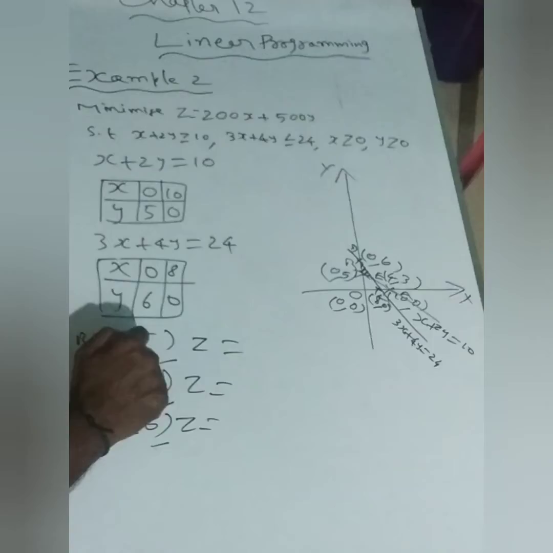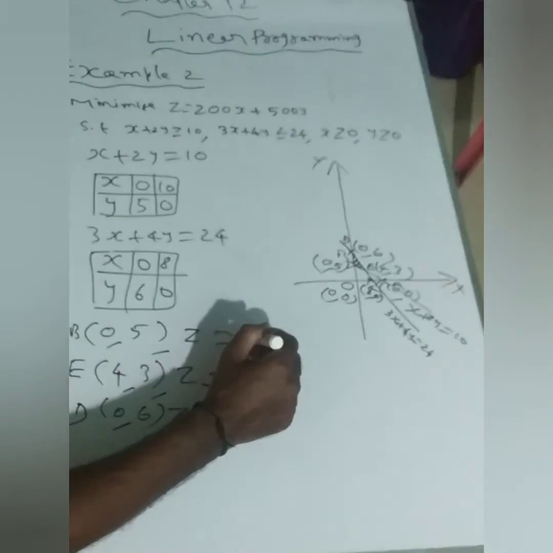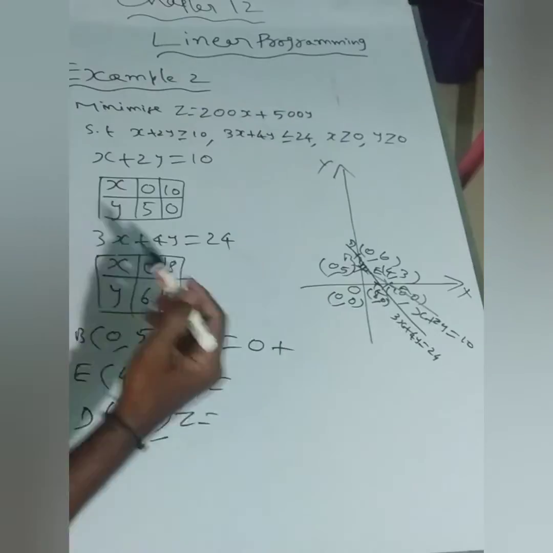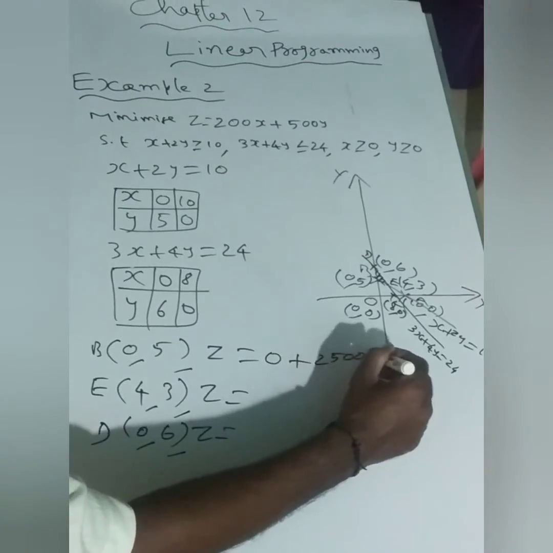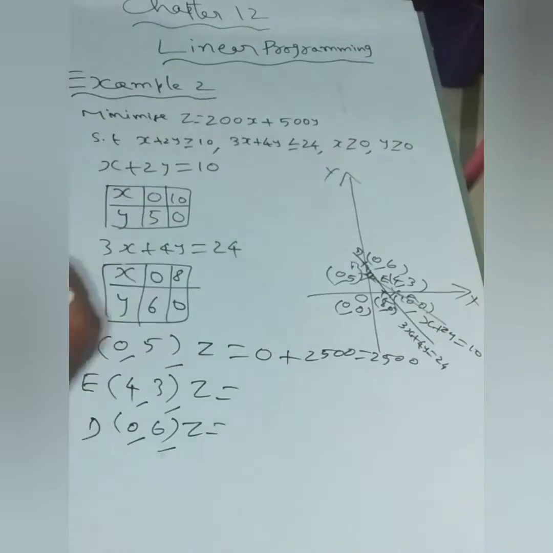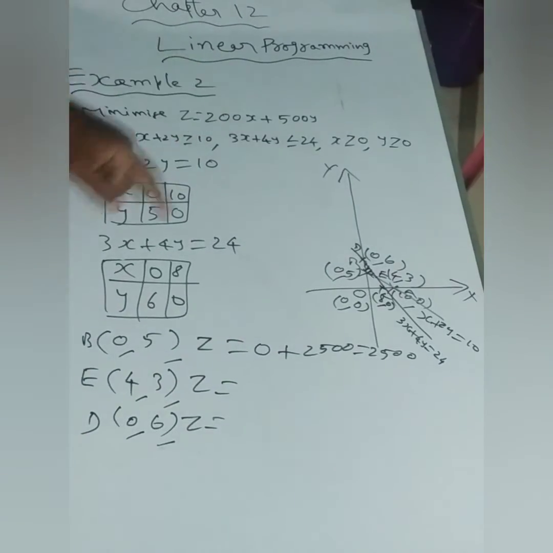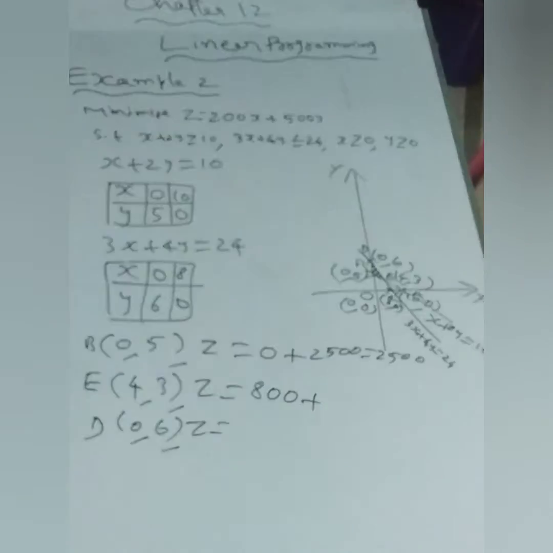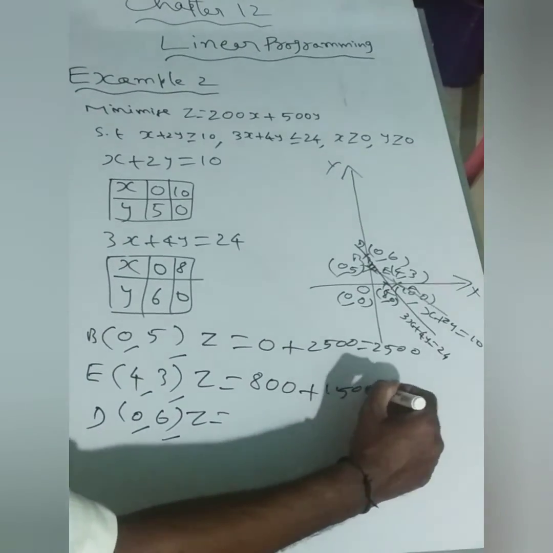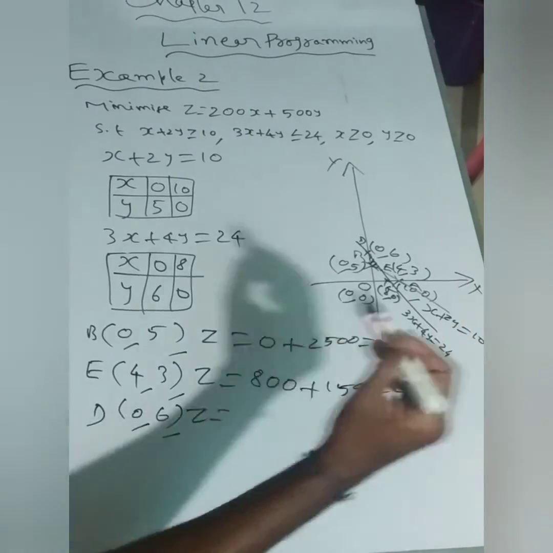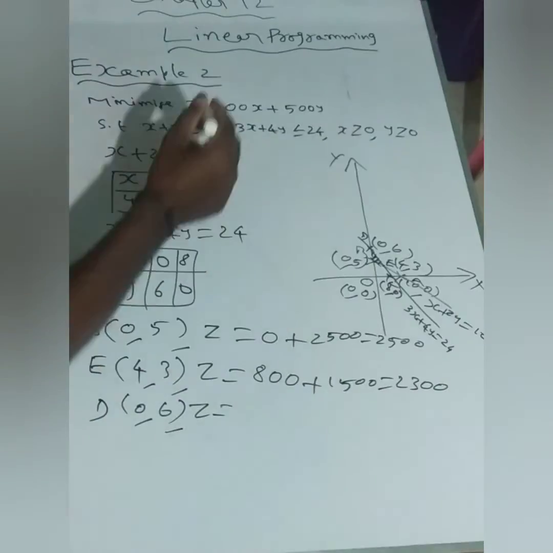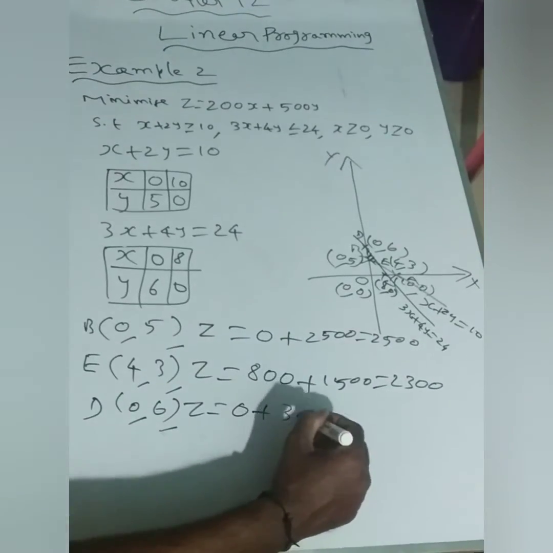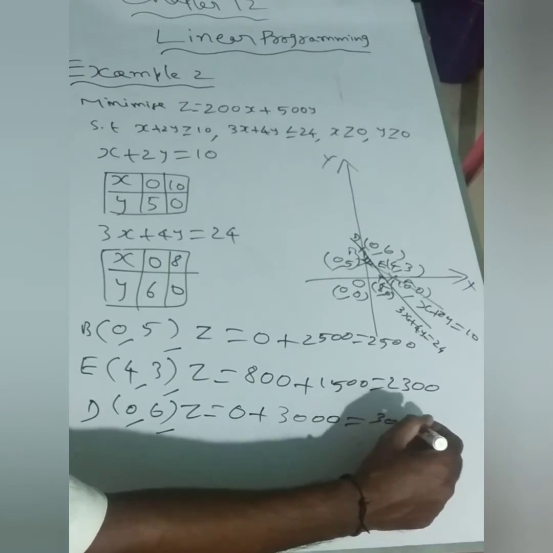Substituting the corner points, 200 into 0, 0, plus 500 into 5, that is 2500. Finally we will be getting 2500. And then for 4 comma 3, 200 into 4, 800, plus 500 into 3, 1500, is equal to 2300. Like that, x is 0, 200 into 0, 0, plus 500 into 6, that is 3000. So mark this.